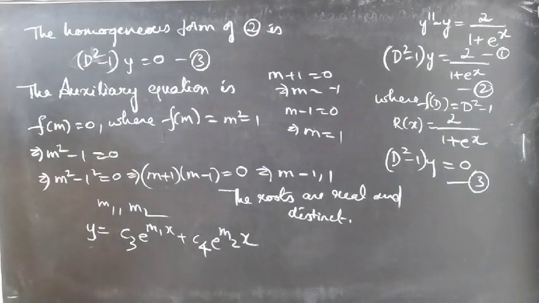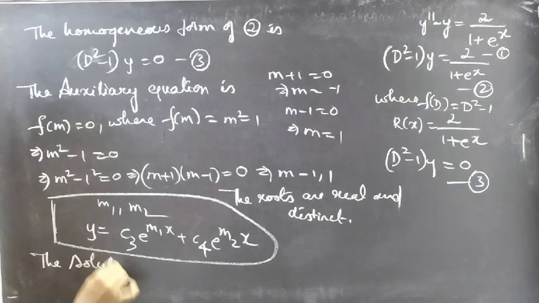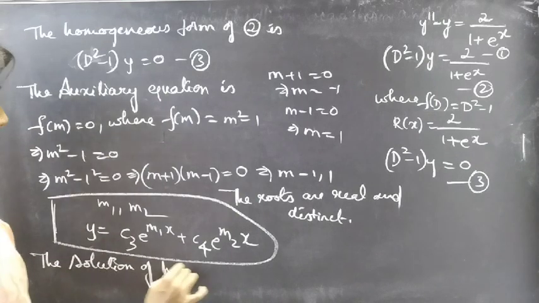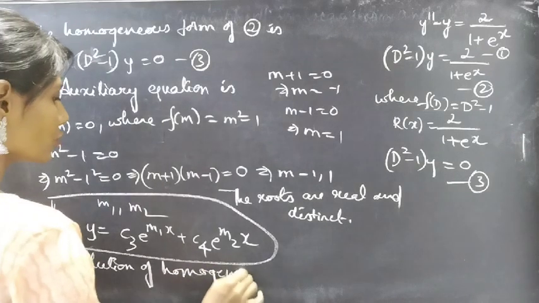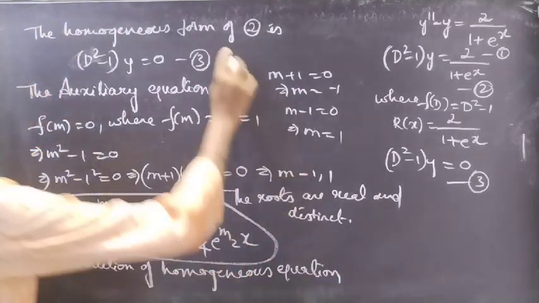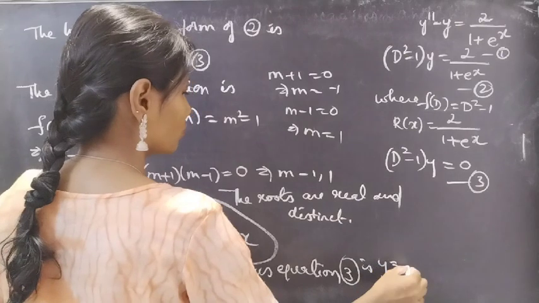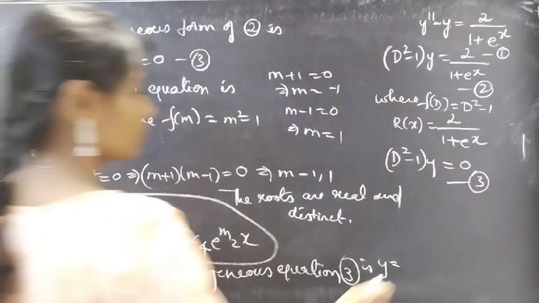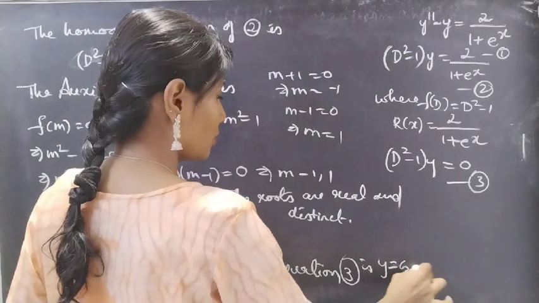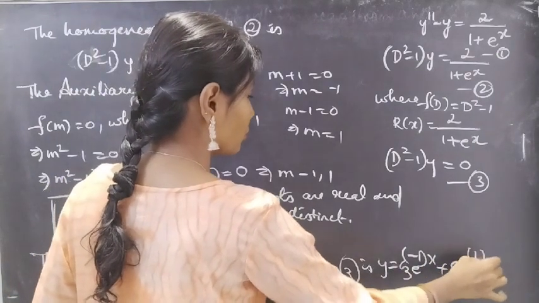Okay, now let's write the solution of the homogeneous equation. The solution of the homogeneous equation 3 is given by y equal to one constant c3 into e power one root into x plus another constant into e power another root into x.